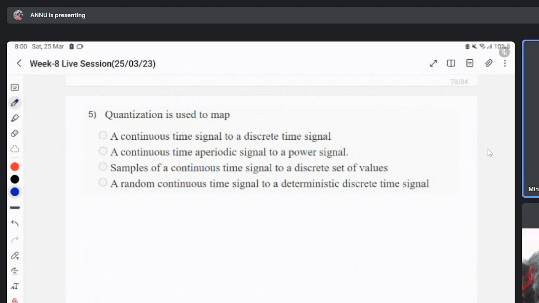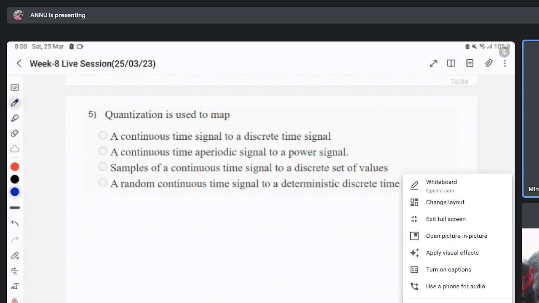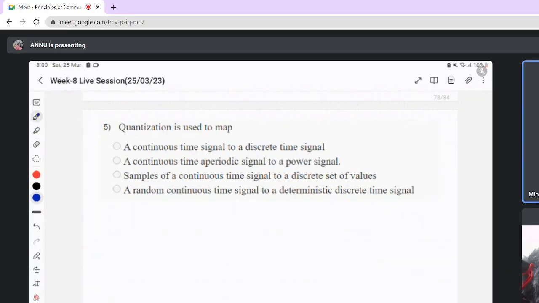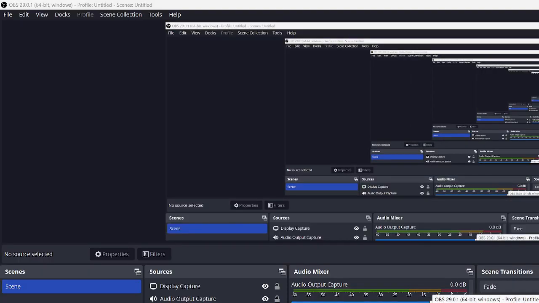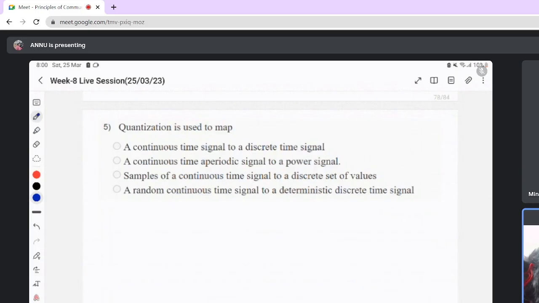This type of question can be asked in IES, I think. Yes, ma'am, C. Samples of a continuous time signal to a discrete set of values.